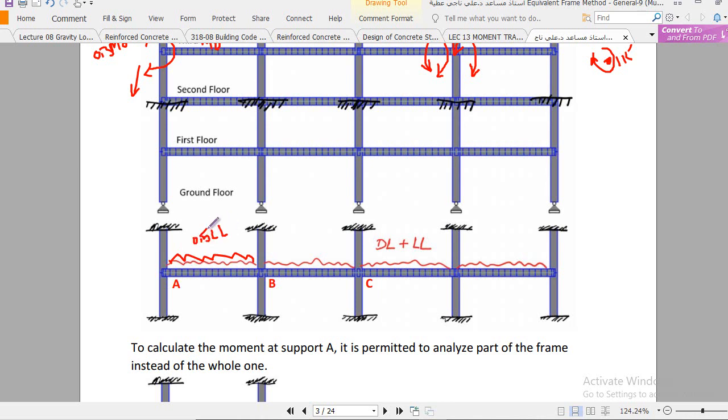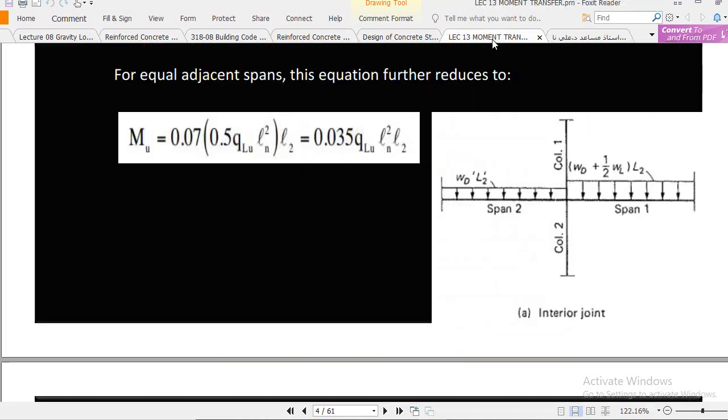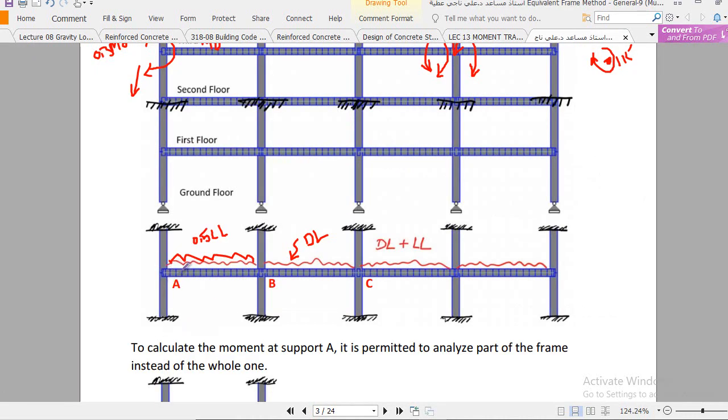This means half live load. The BC span, which is the adjacent span, should be loaded with the factored dead load only. This is the code recommendation. Remember, AB should be the longer span and BC the shorter span, if AB differs from BC.